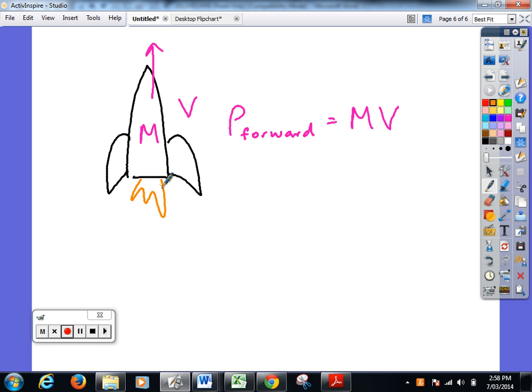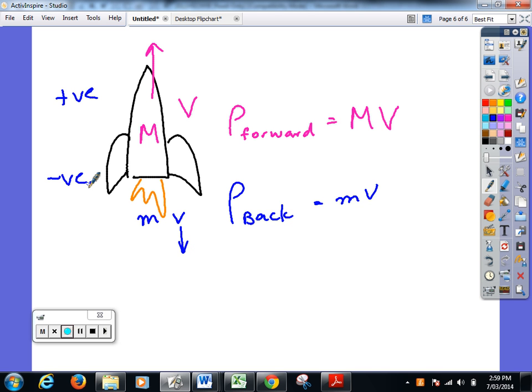And that gas, if we say that that gas has a mass little m and is moving at a velocity little v, then the backward momentum would equal mv. The only difference would be that the forward would be a positive momentum and this would be a negative momentum.